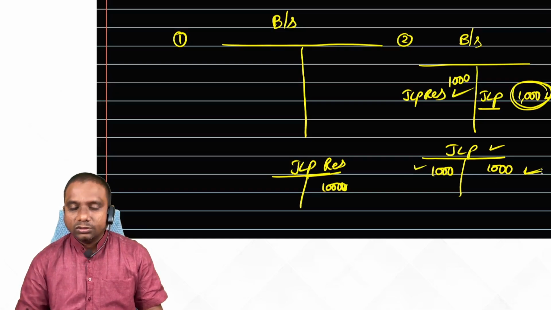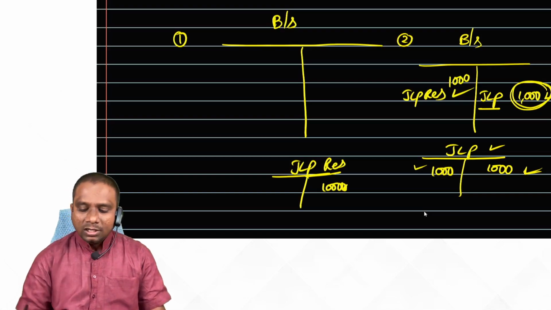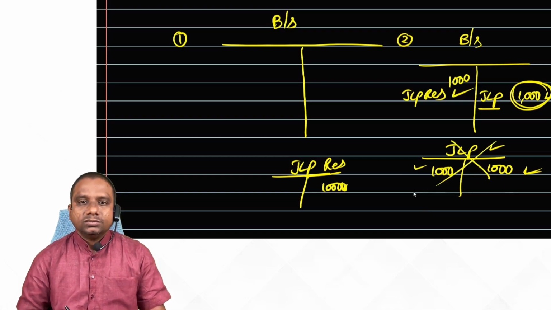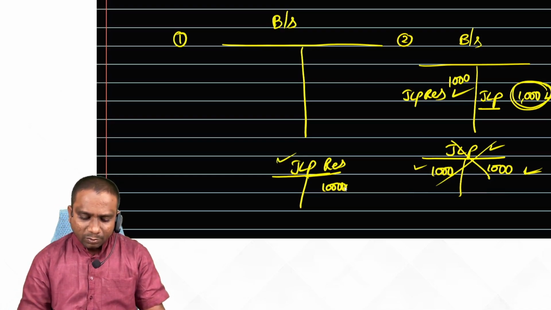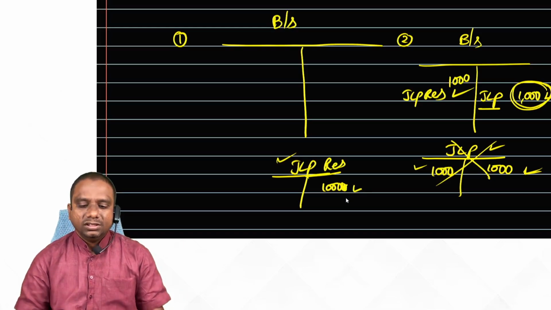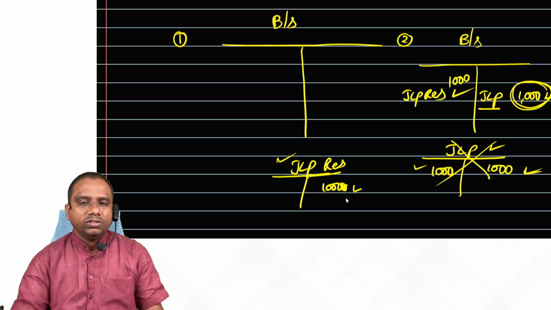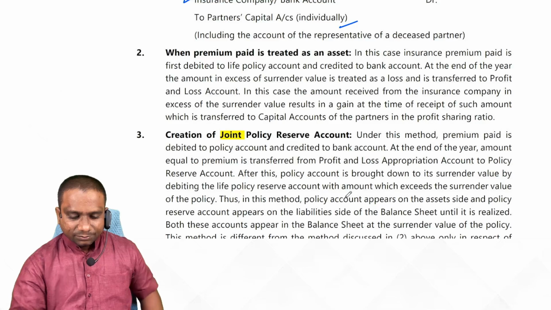We also receive 1000. So there is no balance in JLP to distribute any amount to the partners. When there is no JLP, then what is the purpose of maintaining JLP reserve? So that whatever the balance we have in the JLP reserve, distribute it to the partners. This is a simple adjustment, students, because now we don't have much time to discuss in detail. Next one.